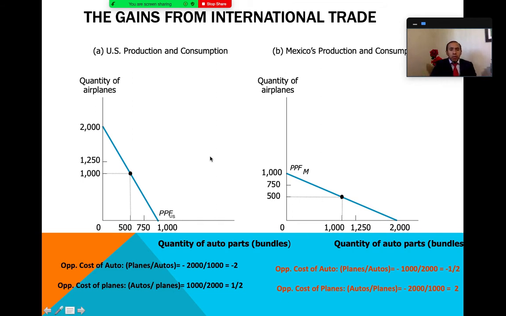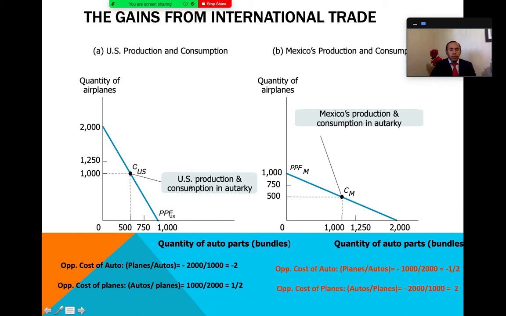So in model 1 here, we have the United States Production Possibilities Frontier, currently in Autarky, the point of no trade, at 1,000 planes and 500 auto parts. Mexico in Autarky is at 500 planes and 1,000 auto parts. At the bottom corner here, I have the opportunity cost calculation for the United States, and for Mexico on the right bottom side.